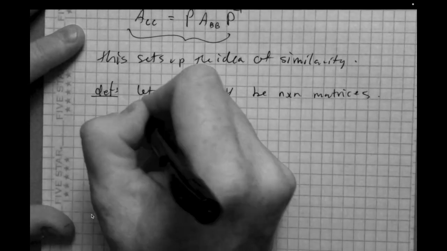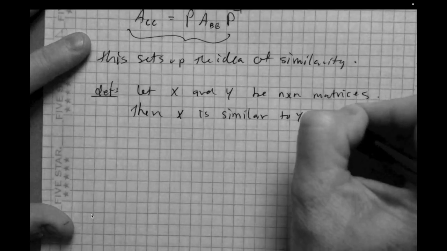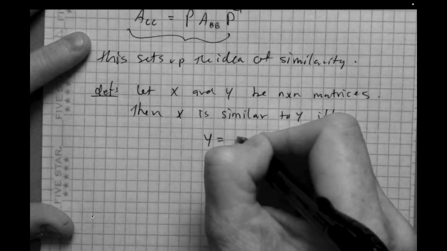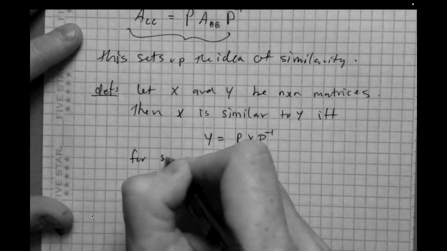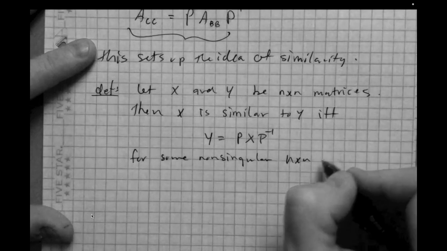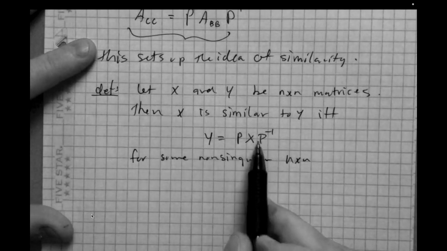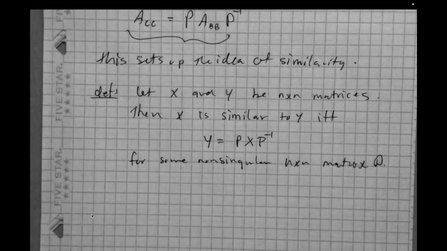Then X is similar to Y if and only if Y equals P times X times P inverse for some non-singular n by n matrix P. So if I have two matrices X and Y, and I'm able to find some non-singular n by n matrix P such that P times X times P inverse is equal to Y, then X is similar to Y.